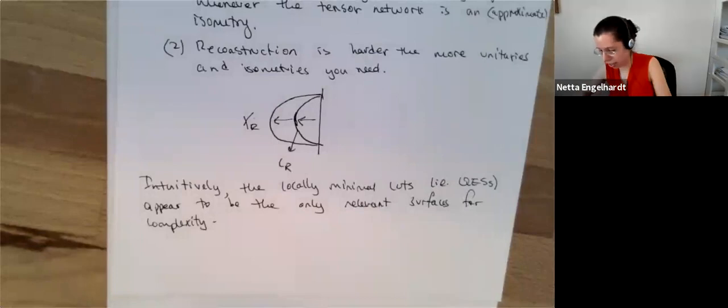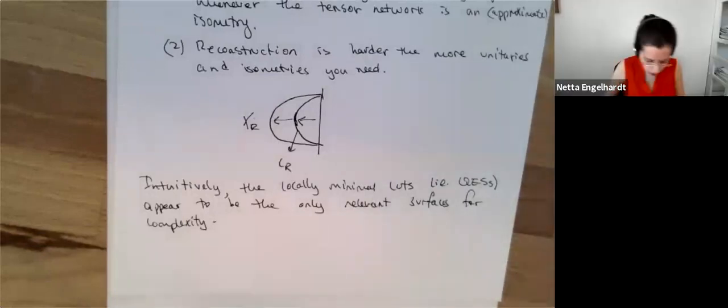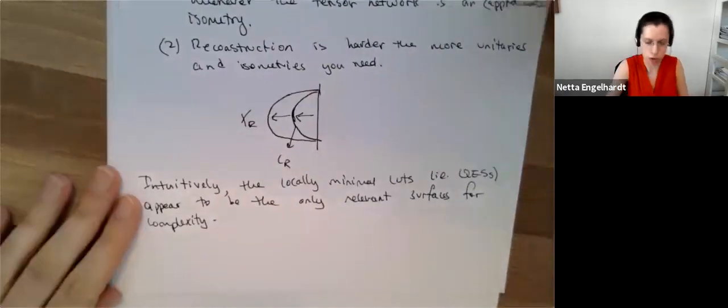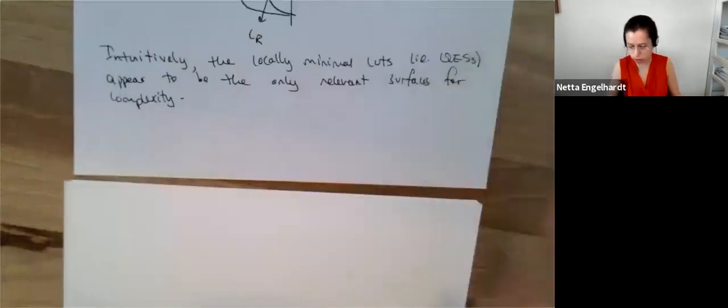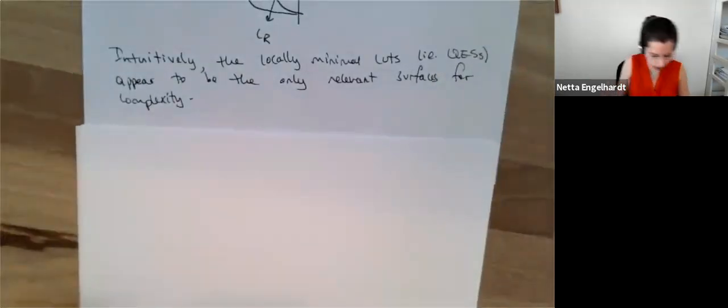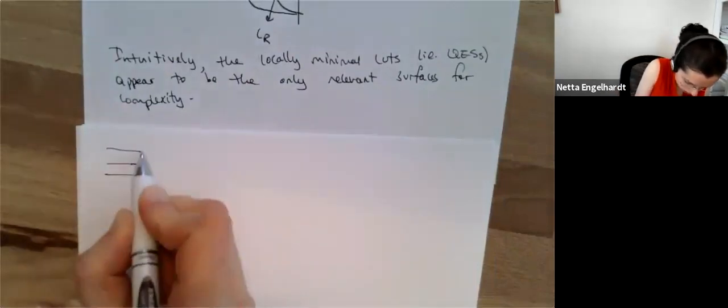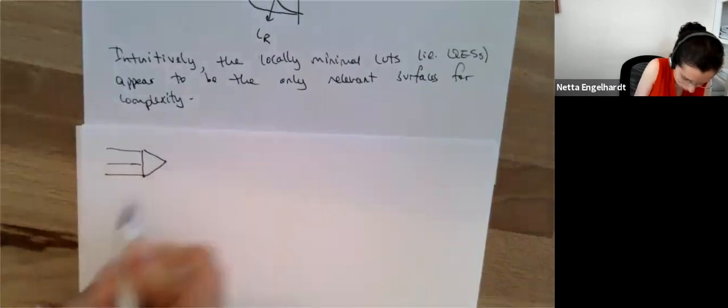Potentially relevant. We haven't yet said how they're relevant. But I do want to draw a picture here where we have multiple quantum extremal surfaces, one of which is minimal and one of which is not. So this is going to test my drawing skills again. Let's try it. So now I'm going to have these isometries, another one of these isometries.